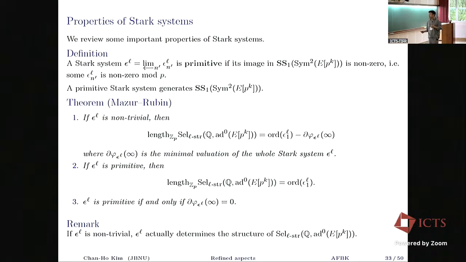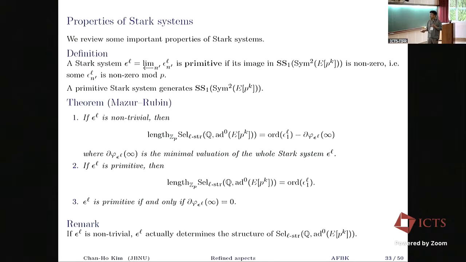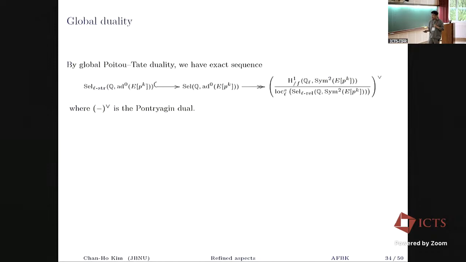And the size will be exactly given by the divisibility order of this first class. Indeed, this whole system, if it is non-trivial, will determine the structure of the L-strict Selmer group. But we want to bound just the Selmer groups, not the L-strict ones.